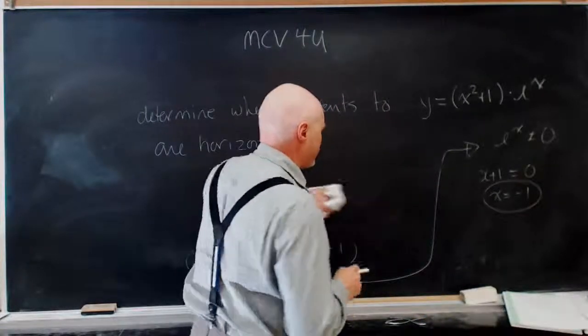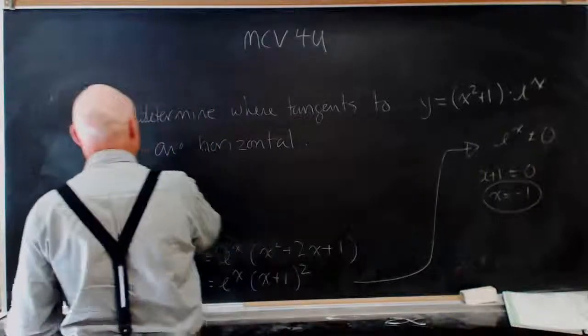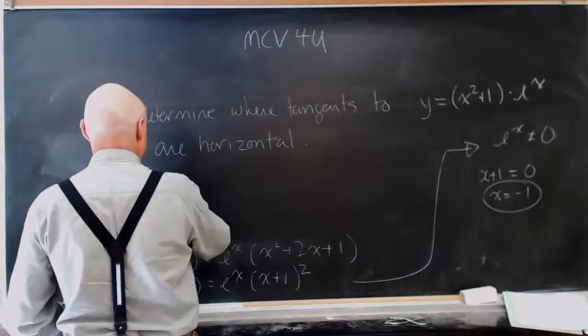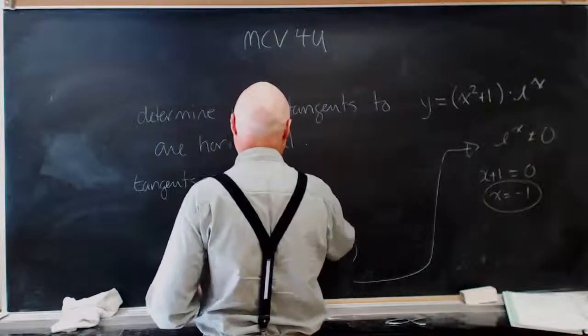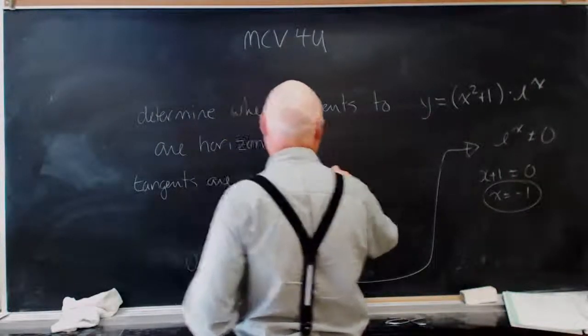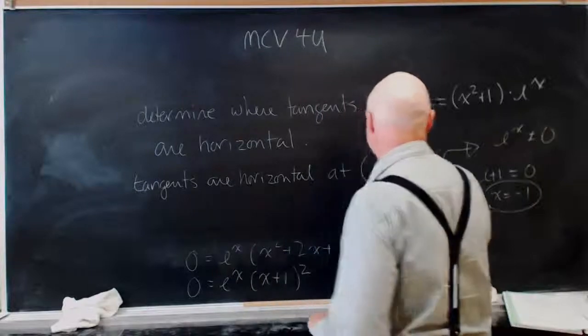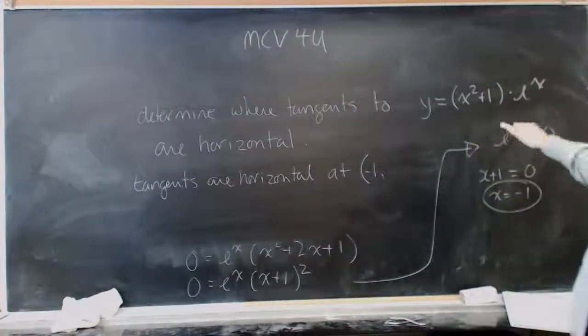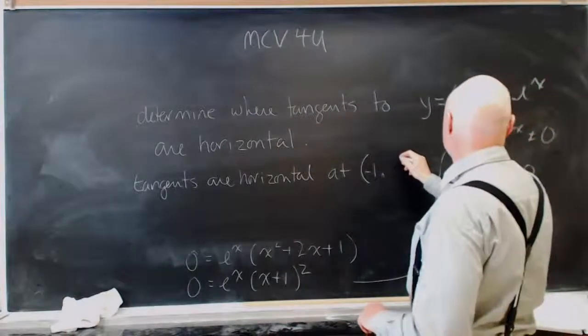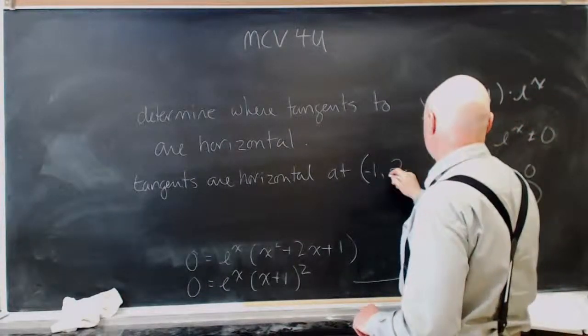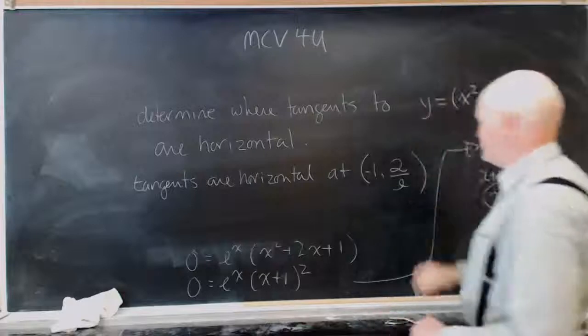So if we wanted to finish it off nicely, we'd say tangents are horizontal at -1, and that'd be 2 over the Euler number.